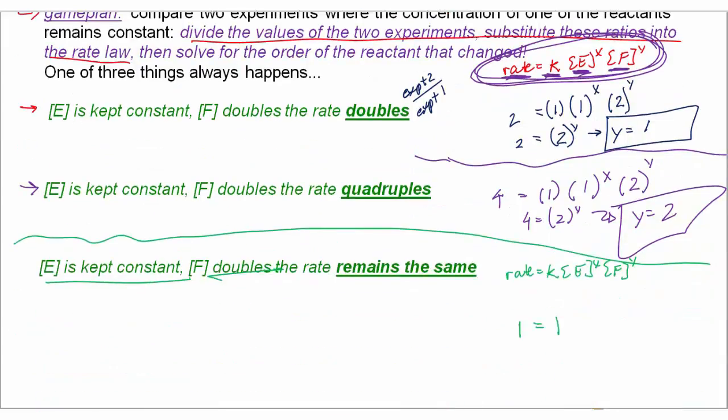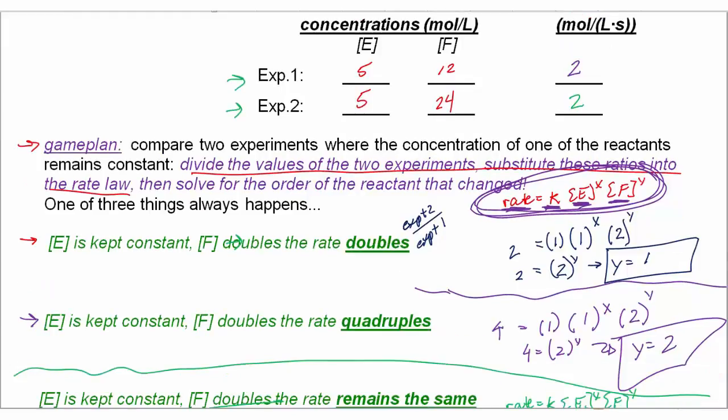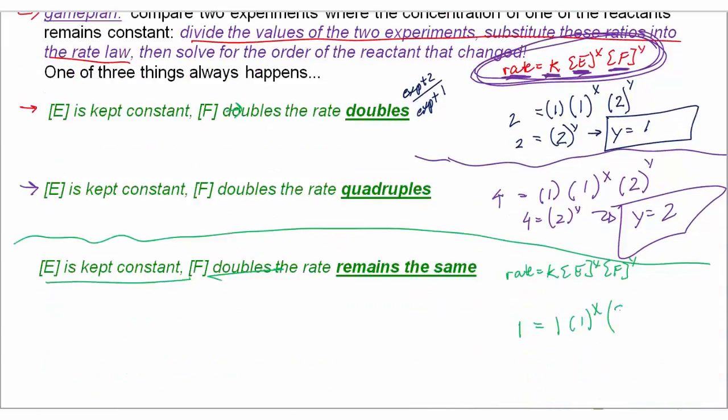So 5 over 5 is 1, raised to the X. Divide the two concentrations of F. 24 over 12 is 2, raised to the Y. So we have an equation of 1 equals 2 to the Y. So Y has to be 0.